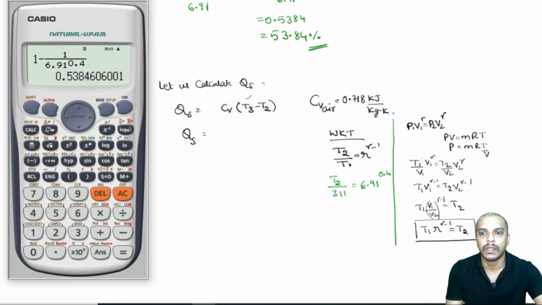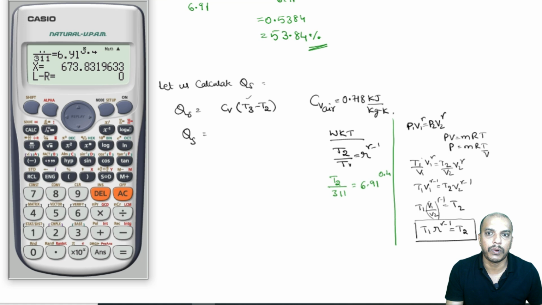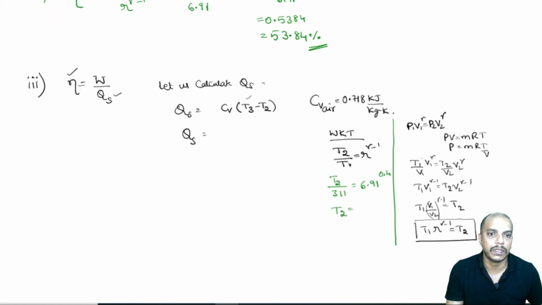So let us solve this. 311 times 6.91 power 0.4 gives T2 equal to 673.83 Kelvin. Now we have got the value of T2. We did all this in order to get the value of T2.